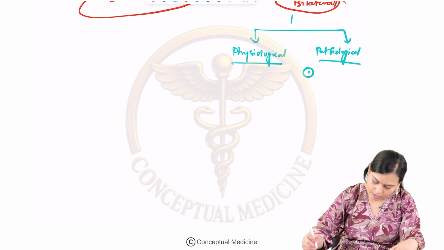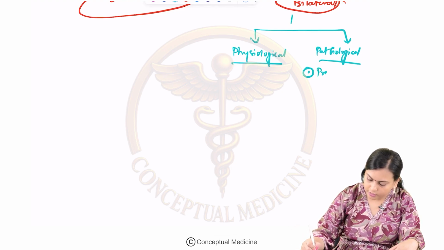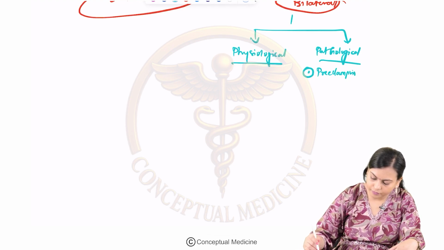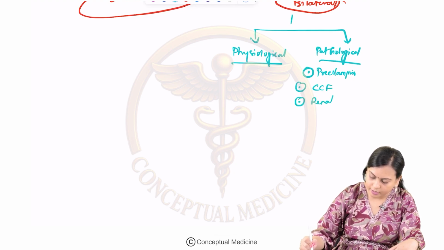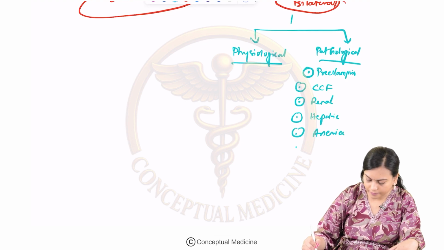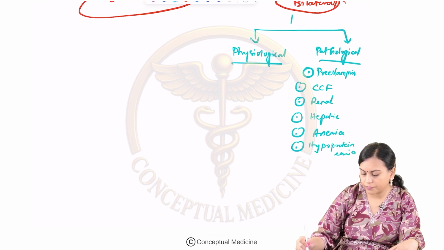So what are the pathological causes? It is preeclampsia, then it can be any problems in the heart like congestive cardiac failure, or any renal problems, or any hepatic disorders. Then it can also happen due to anemia and sometimes hypoproteinemia also.